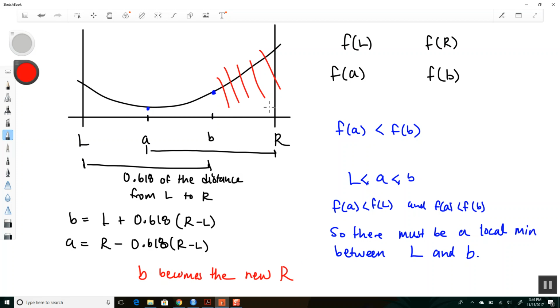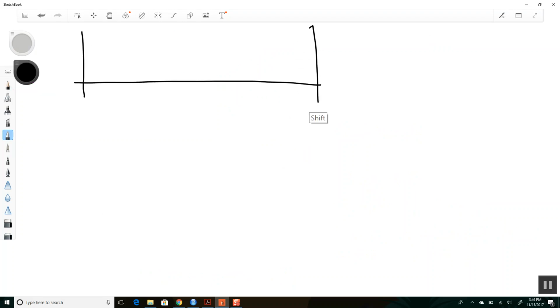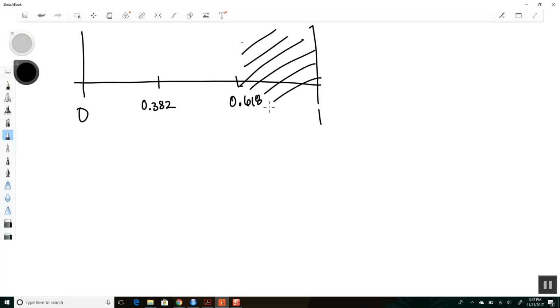This is the reason why we bother with the golden ratio. Let's just use simple numbers, 0 and 1. A is going to be at 0.618, and here we have 0.382. When I throw away this region here, my interval now goes from 0 to 0.618.